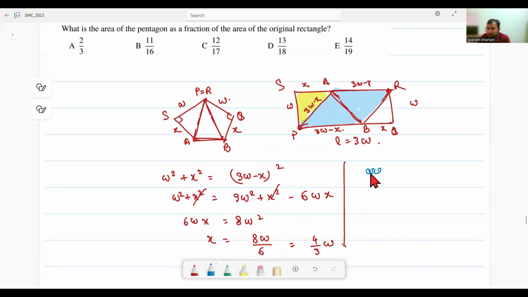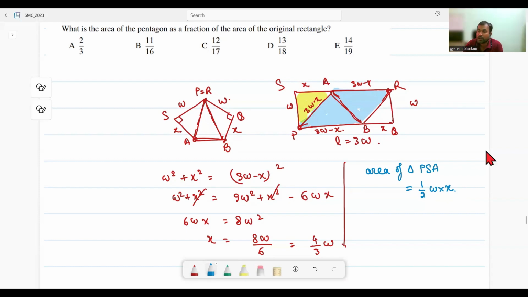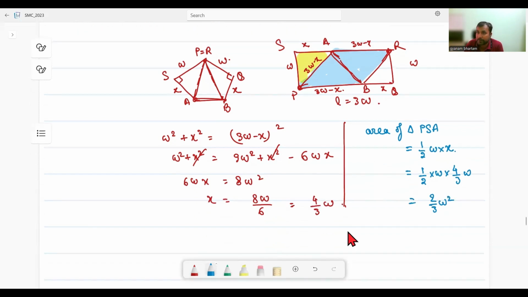So area of triangle PSA will be 1/2 times W times X. So 1/2 W is going to be the same, and X we can write as 4/3 W. So we have 2/3 W squared. That's the area. Okay.